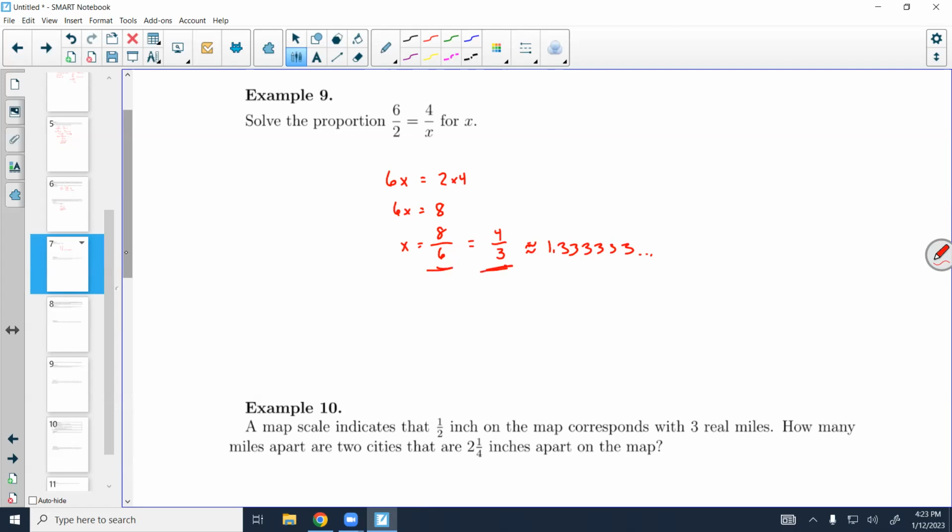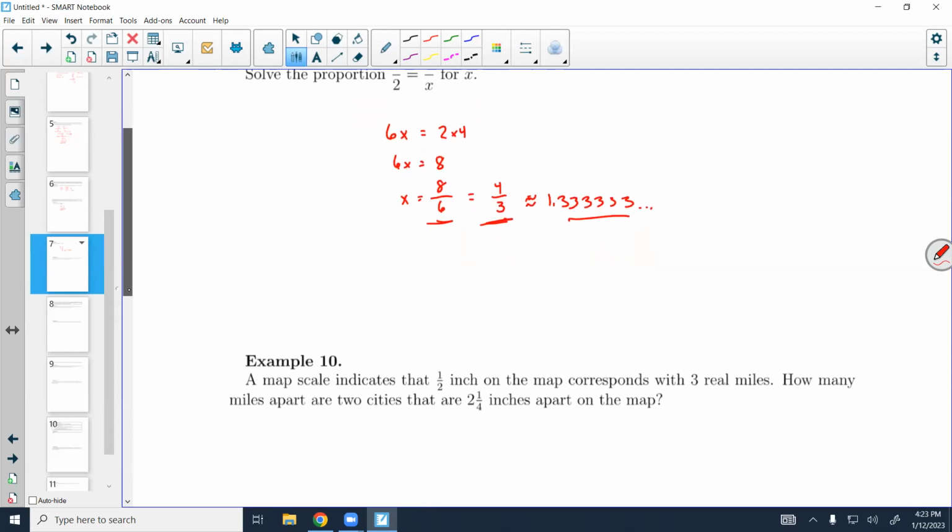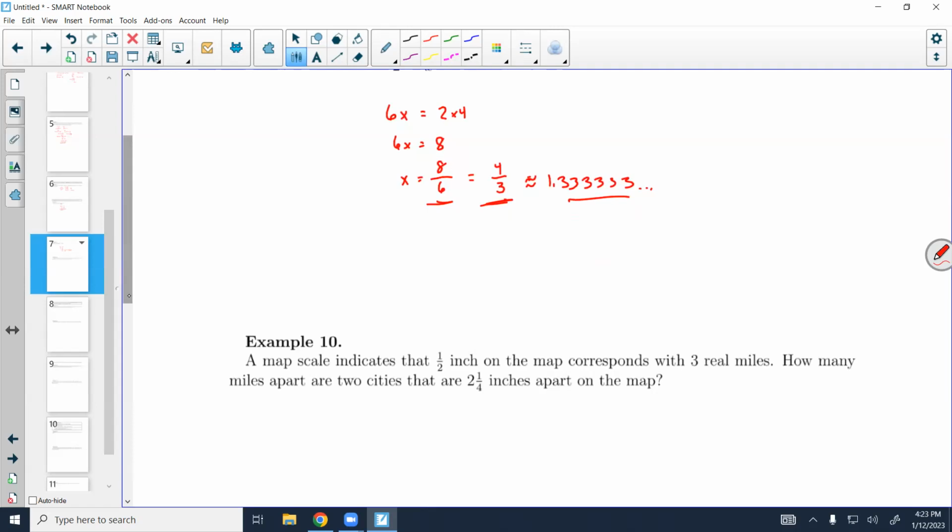This is close, but not exact. So unless it specifically says decimal form, leave it as a fraction. And unless it specifically says reduce to the smallest terms, just leave it. It's too easy to make a mistake trying to reduce it.